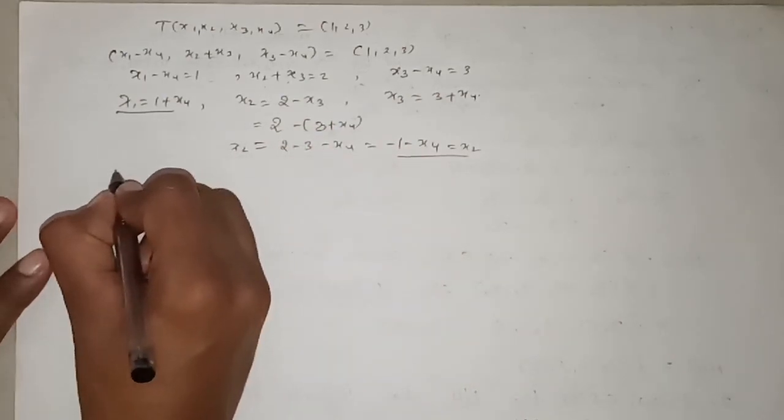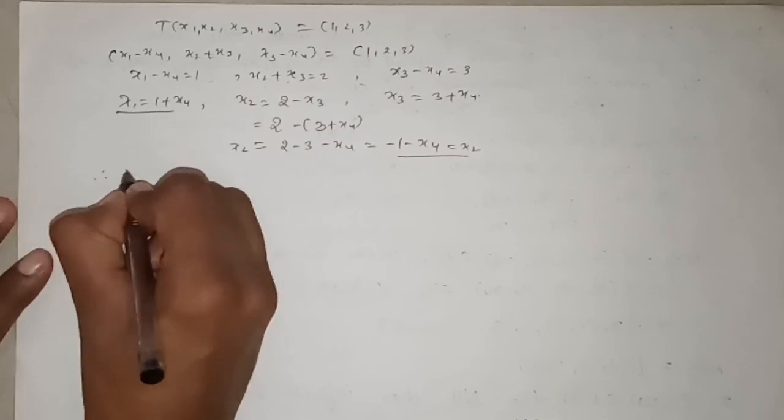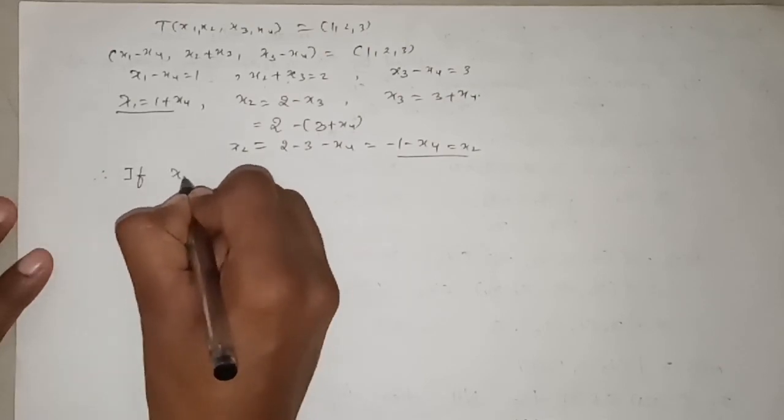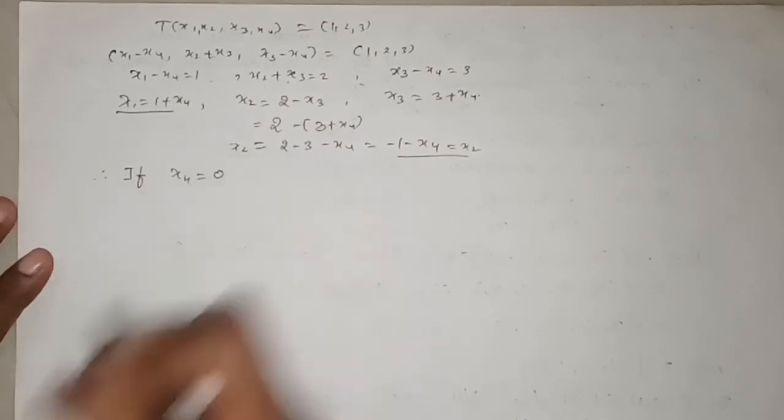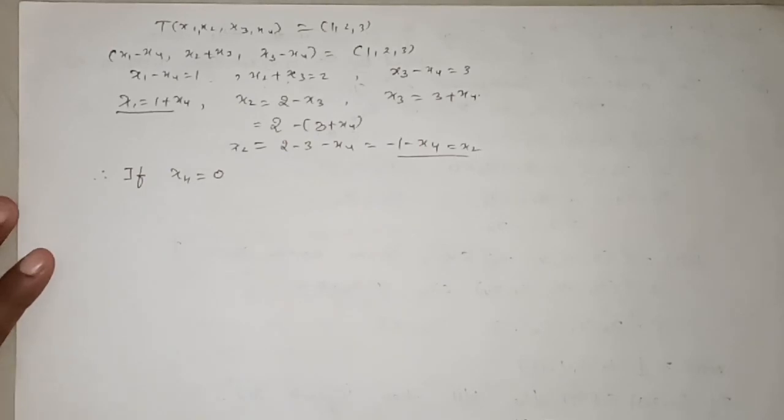Now I have to find one particular solution. Therefore if I put x4 is equal to 0. As I have already told you, we will consider standard values. If we have two unknowns, then we will put one as 0 and another as 1. And if we have only one unknown variable, then we will simply put it as 0.